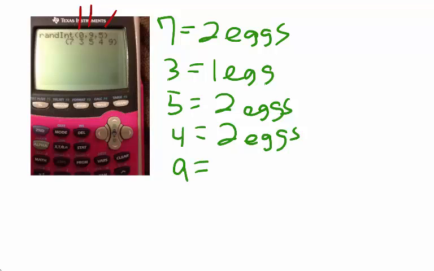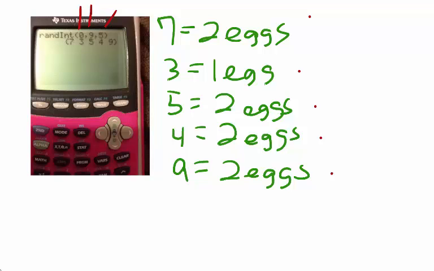And 9 also corresponds to 2. So we have 2, 4, 6, 8, 9. 9 so far. We're not quite up to our dozen.